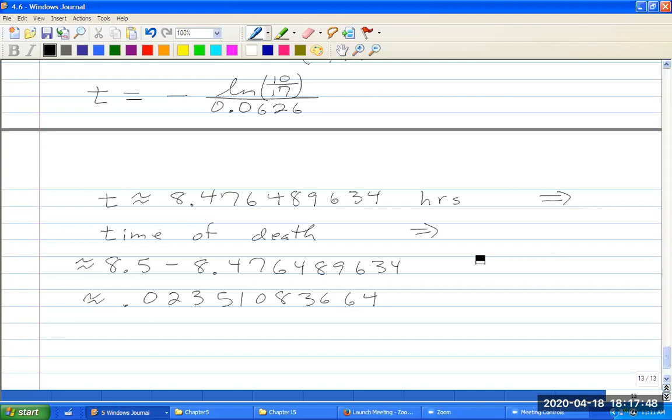So let's find what time that is approximately. Well, this is going to be this amount of time after 12 midnight. So this is going to be 12 o'clock, 12 a.m.